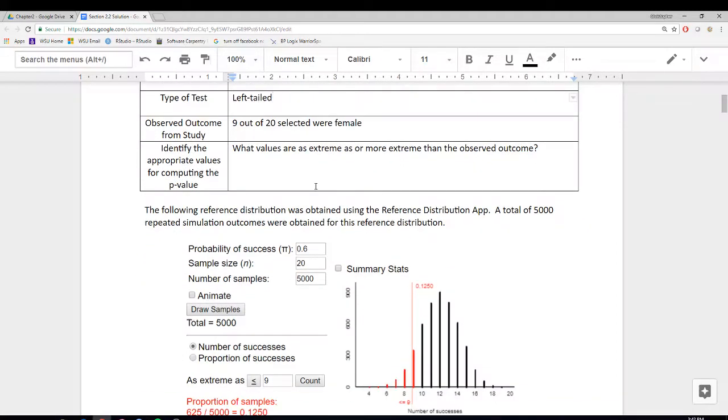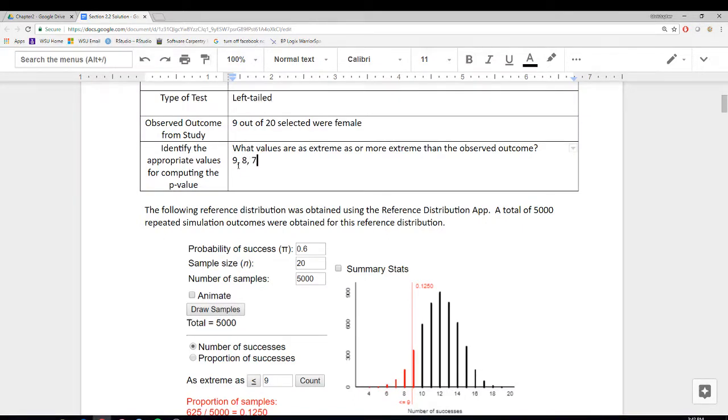Before determining the p-value, we need to determine what values are as extreme or more extreme than the observed outcome. When doing this, we need to concern ourselves with which values support the research question or provide additional support for the research question. So here, values as extreme or more extreme than the observed outcome would be 9, that's as extreme, and then even more extreme would be lower values.